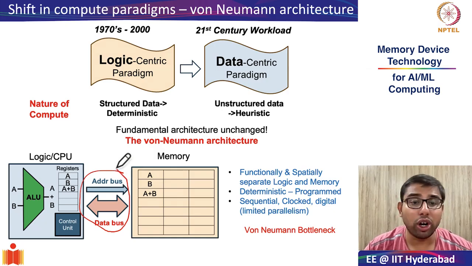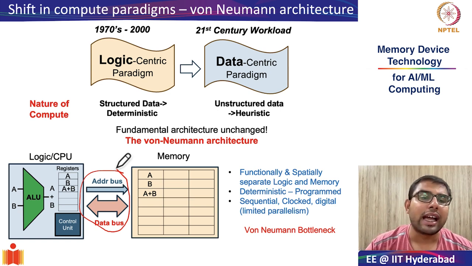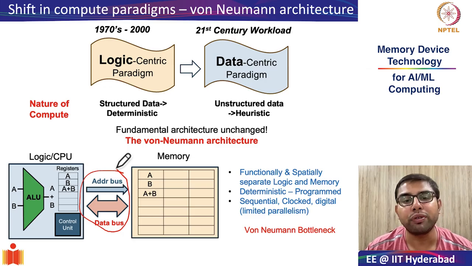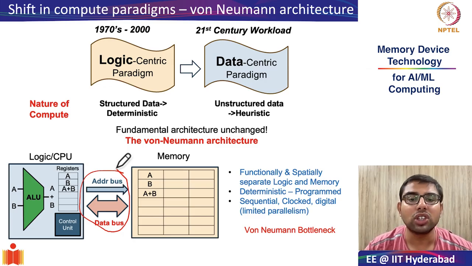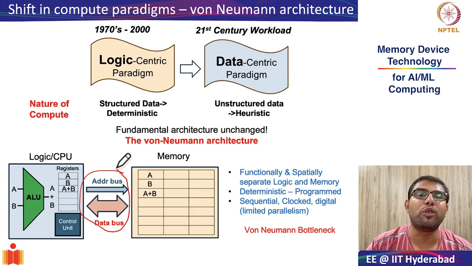This kind of von Neumann system is deterministic in nature. It is programmed, sequential and clocked, and therefore has very limited parallelism. Remember, we compared this with the hardware infrastructure of the brain.